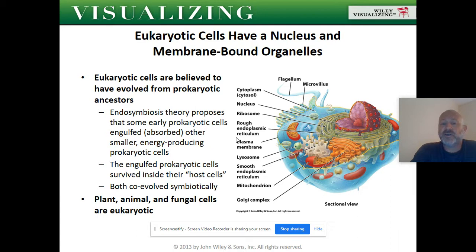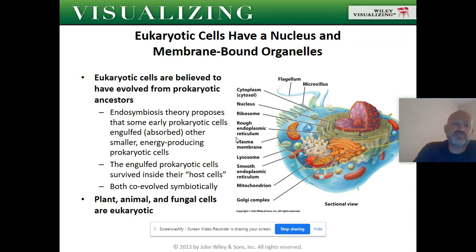And instead of engulfing each other, eating each other, and breaking each other down, like the stomach would break down your food, the larger cells realized that there was value to the smaller engulfed cells. And what happened is the larger cells became hosts for the engulfed cells.